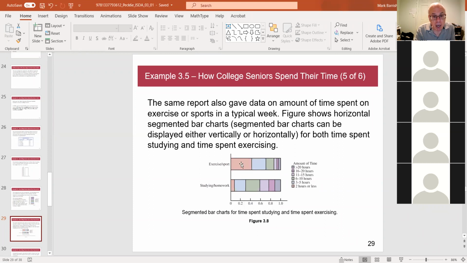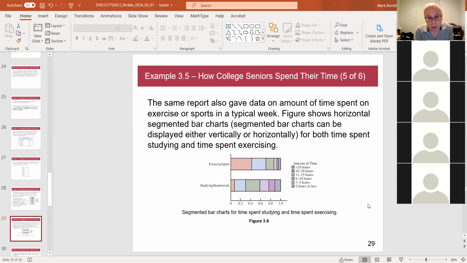But one group is for people who do sports, and another group is people who study. Now, for the people who exercise, what is the largest category for people who exercise? 2 hours or less, I think.